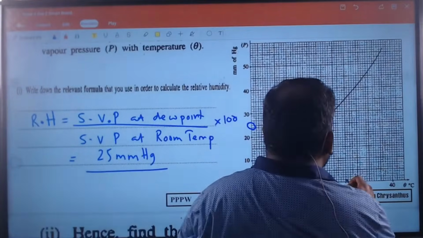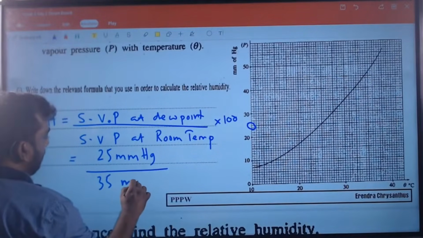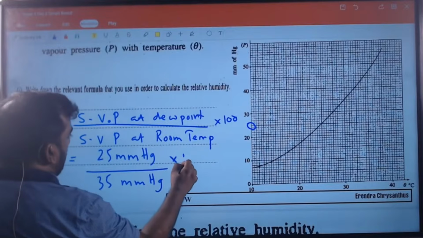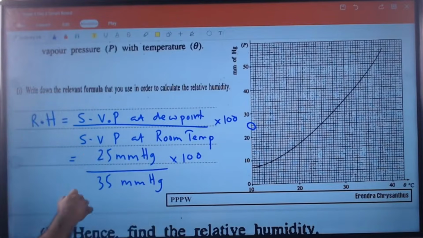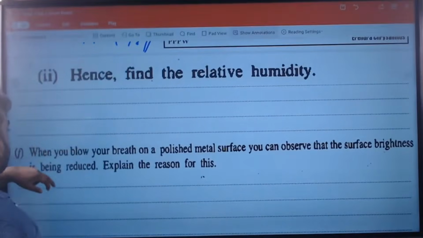At 30 degrees Celsius, it is 35 millimeter mercury, multiplied by 100. 2500 divided by 35 is 71.4. Relative humidity is 71.4. Hence, find the RH, I have done there.